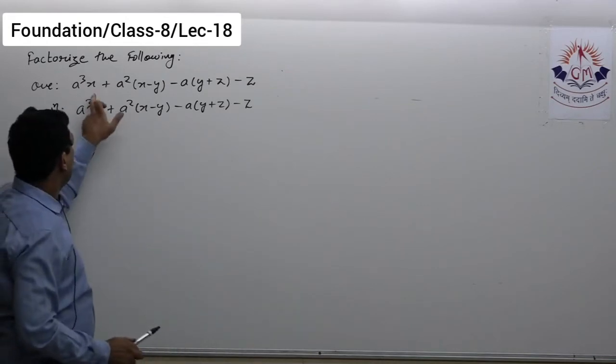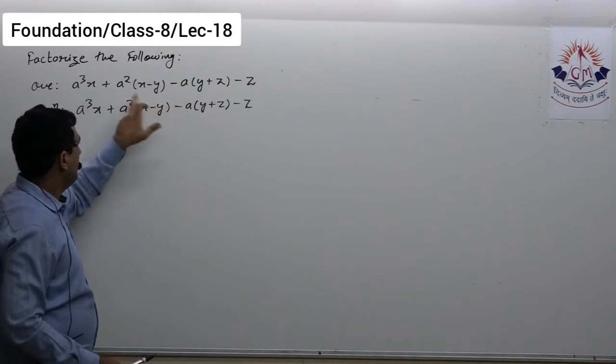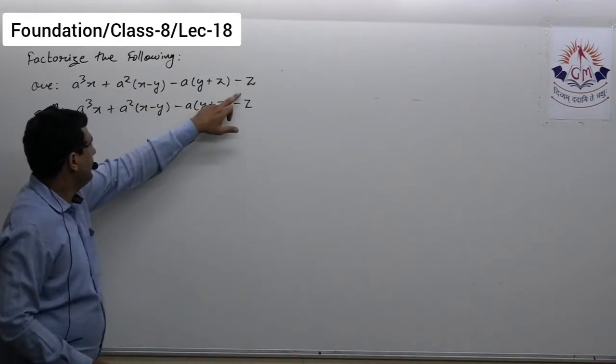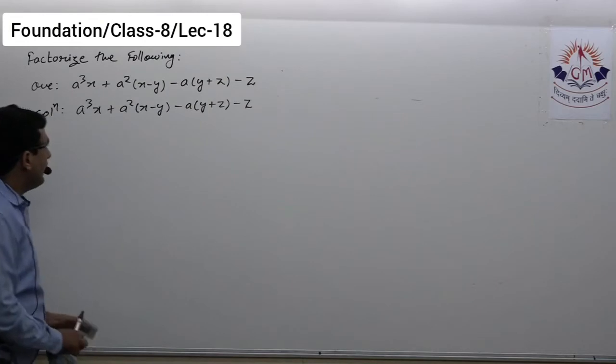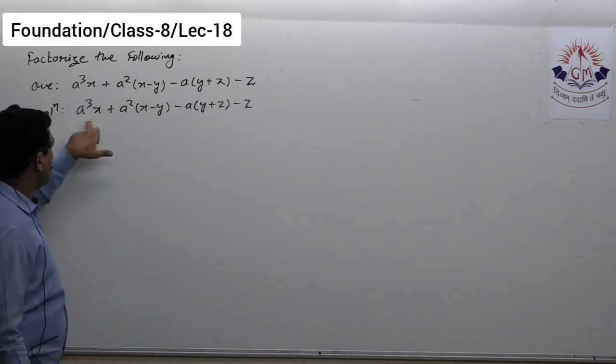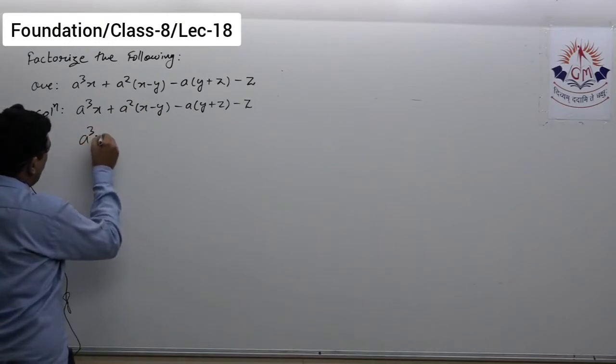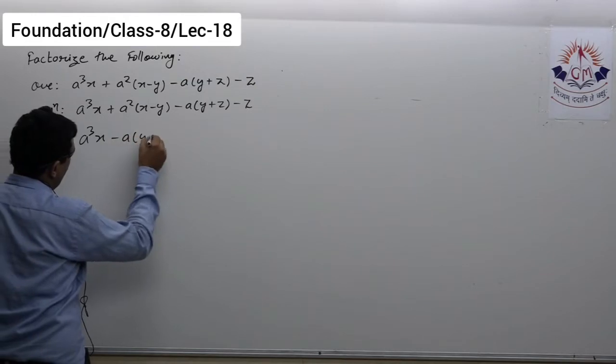Now if I think about taking common from the first and third, and from the second and fourth, definitely from the first and third we can take a common. So for that I have to rewrite in this way.